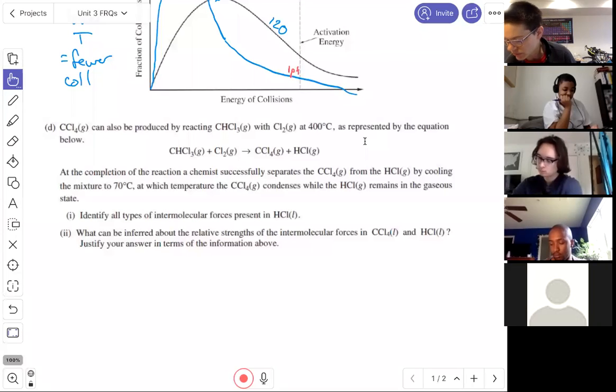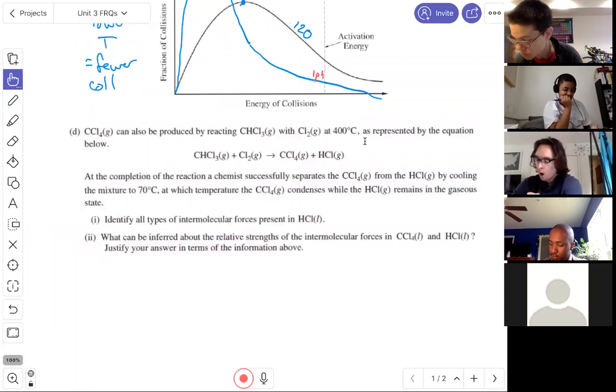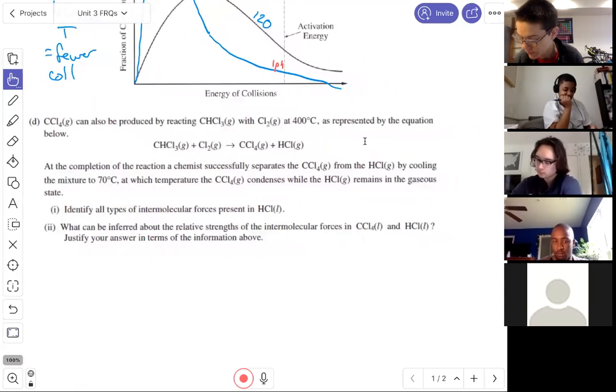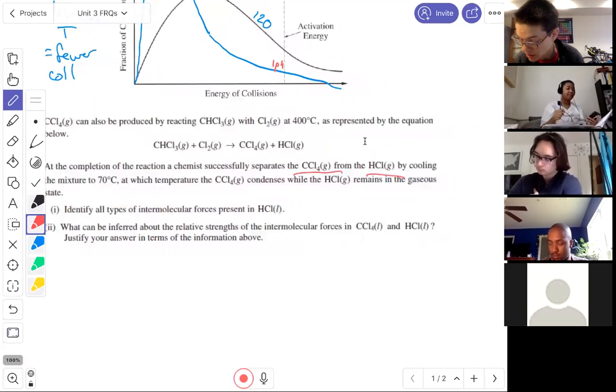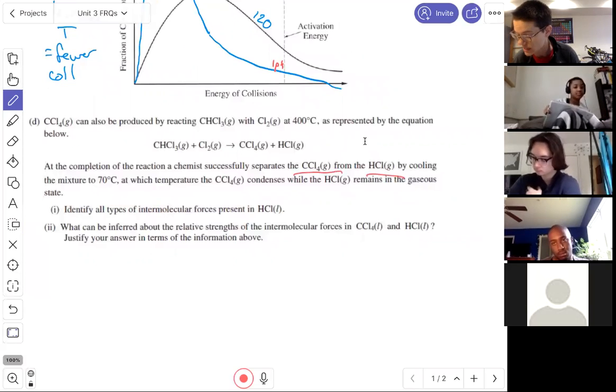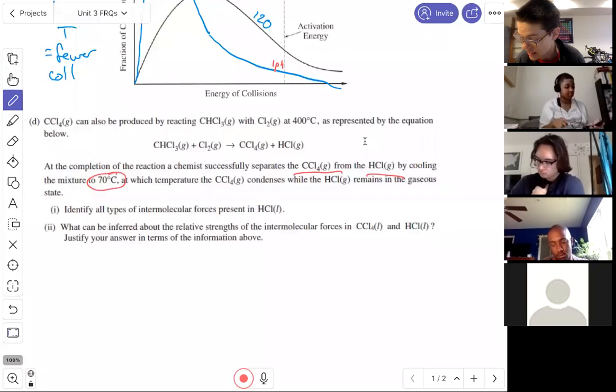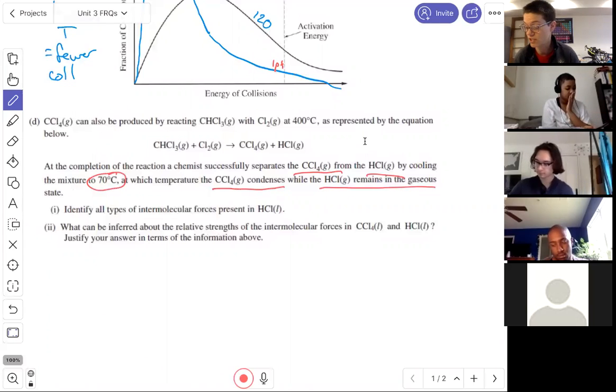The completion of the reaction, a chemist successfully separates CCl4 from HCl by cooling the mixture to 70 degrees. So at 70, CCl4 condenses while HCl remains a gas. So that's the information they gave you. At 70 degrees, CCl4 condenses while HCl remains a gas.